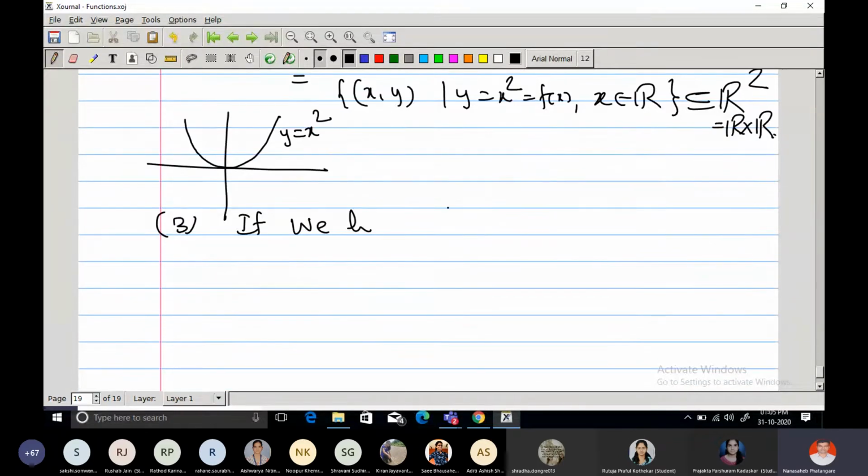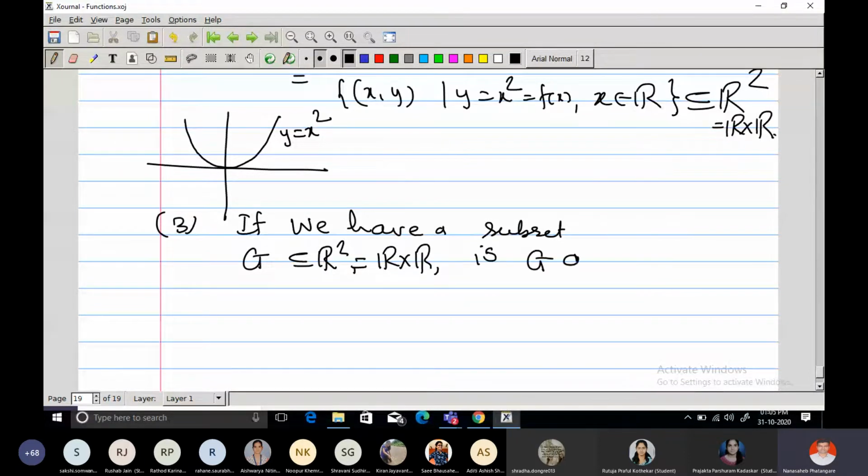So what is the reverse process? If you have a subset of R2, call it G, a graph.